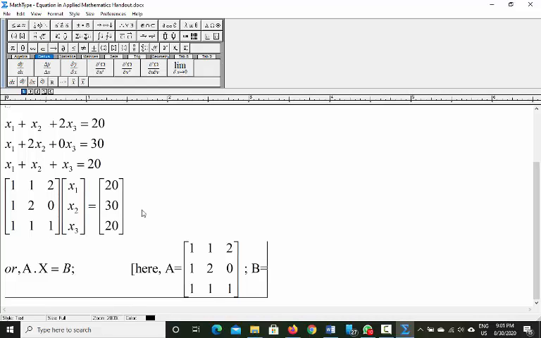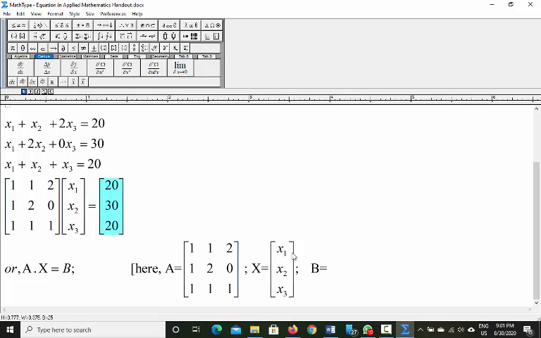X is equal to this one. This is actually not a matrix, we will call it a column vector. As you know, if you have only one column, we call it a column vector. So this is the column vector of X, and B is equal to this one.